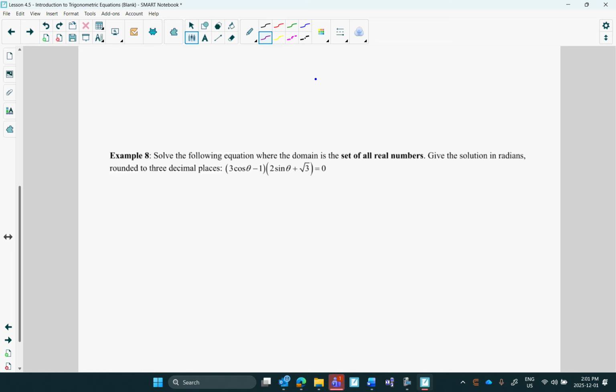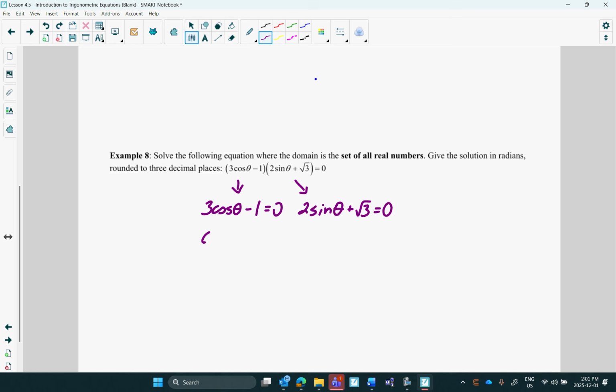You don't have to worry about doing any factoring. So the only thing you have to do is set each one equal to 0, and solve each one.